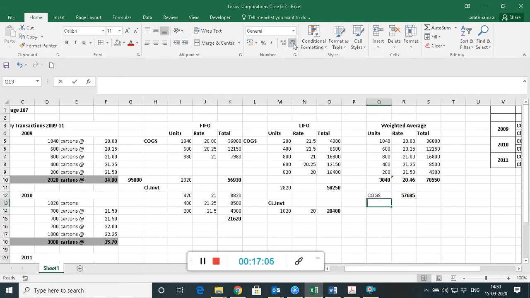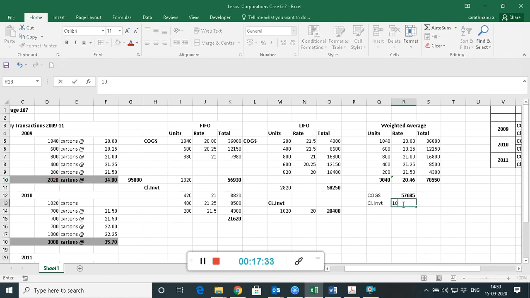And what about closing inventory? How many units do I have left as of now? Look at that, my total beginning balance as well as the purchased units are 3,840, of which the Levi's Corporation has sold 2,820. Therefore, how many units would be left?